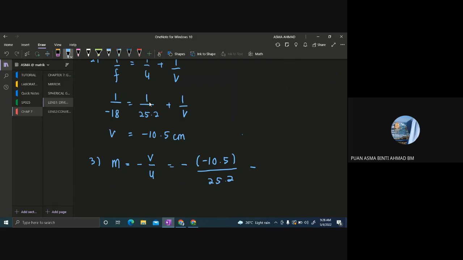Finally, we will get the answer as 0.42. The positive sign for magnification shows that the image formed is upright, and 0.42 is less than 1, which shows that the image formed is diminished.